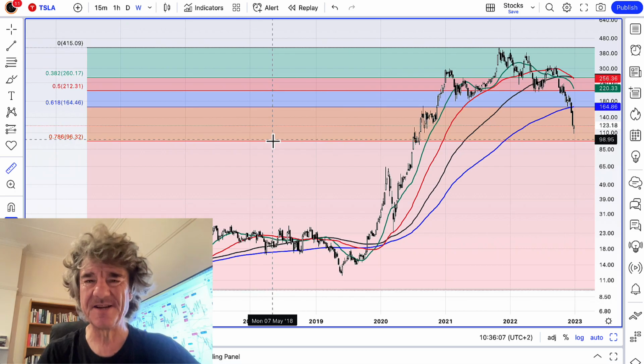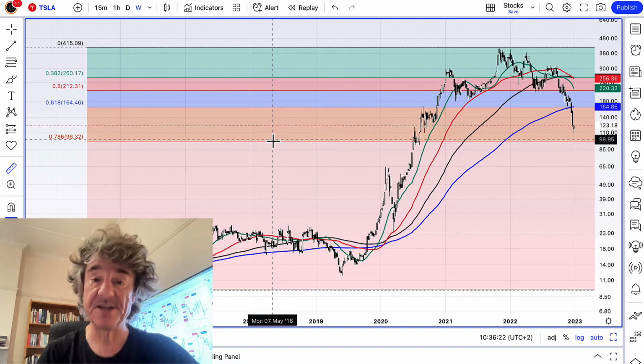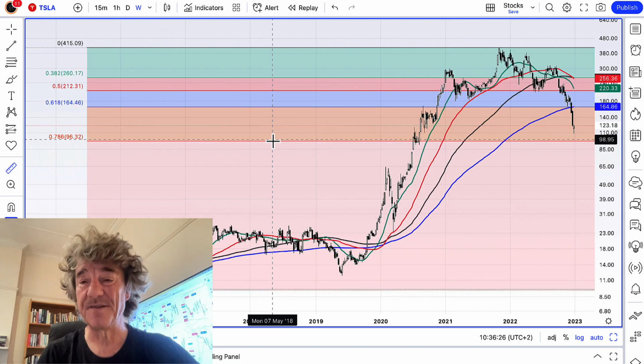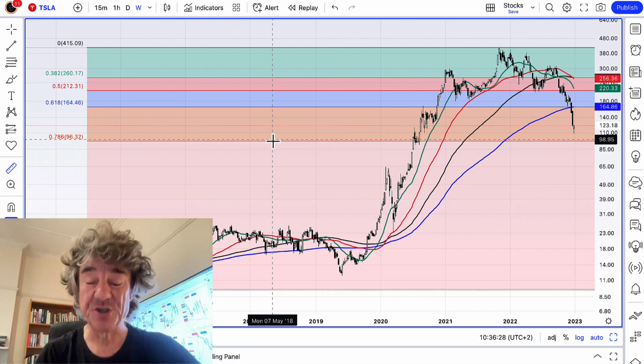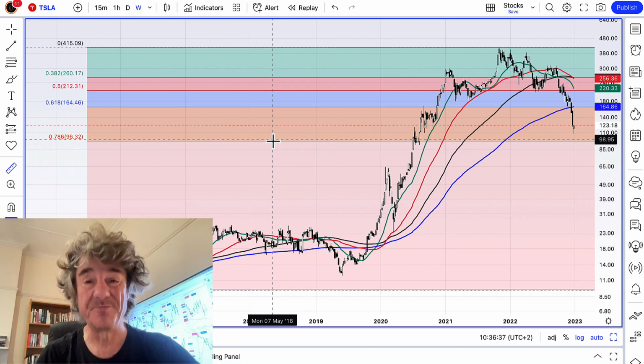Now, when it comes to Tesla and electric vehicles, there's no reason to expect that we're going to get any dramatic collapse over a long period of time, and that the uptrend should continue over time. And that's looking at all the fundamentals of electric vehicle companies, Tesla in this case, and also looking at the general emphasis and flow towards electric vehicles, legislation on electric vehicles that is beginning to take effect all around the world, making them mandatory in 5 years' time, really, in some countries.